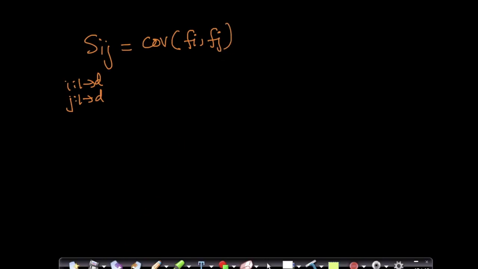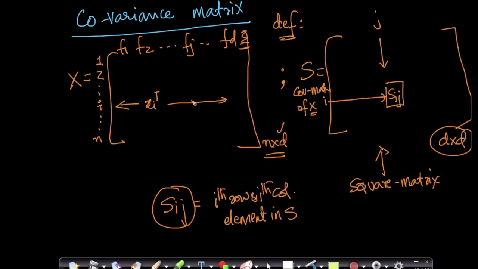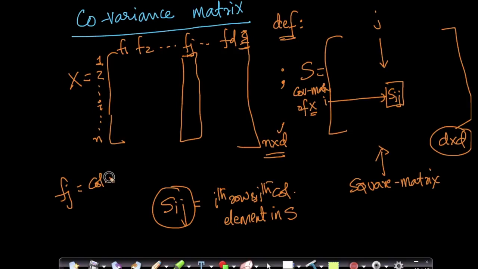Now let me introduce some simple notation. Let me erase this so that it becomes simpler. Whenever I say Fi or Fj, it means a column vector corresponding to the feature. Whenever I say Fj, it is a column vector corresponding to the jth feature.